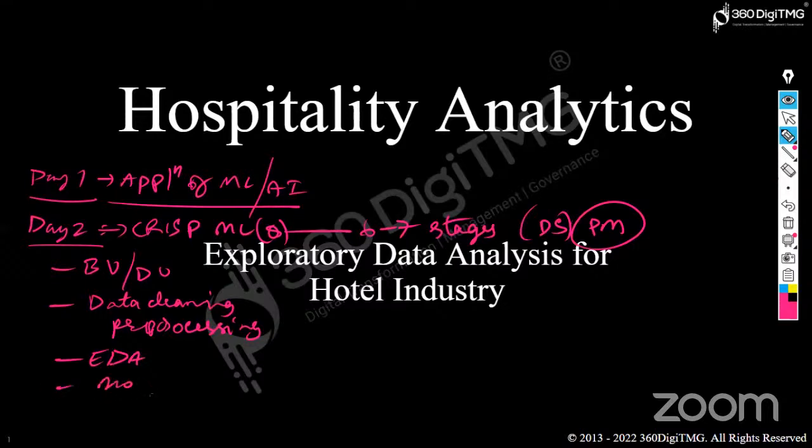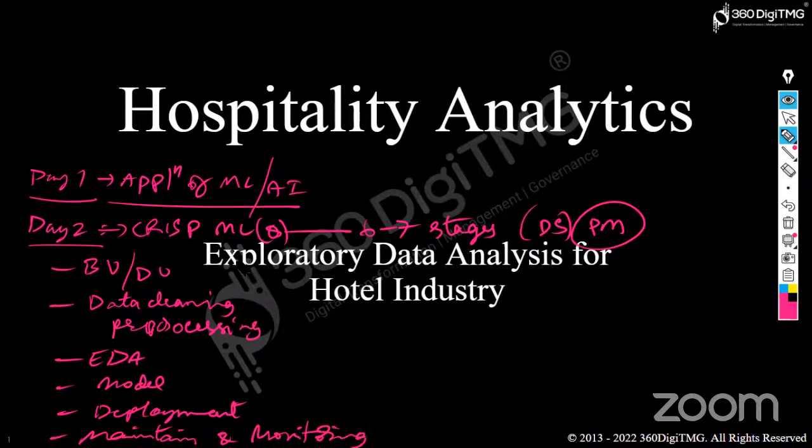Then we have model selection, then deployment, and then maintenance and monitoring. Okay, so these were the steps that we follow for any data science project, that is CRISP-ML(Q).